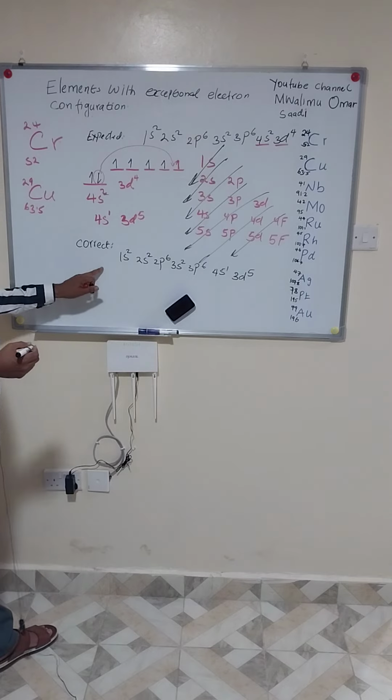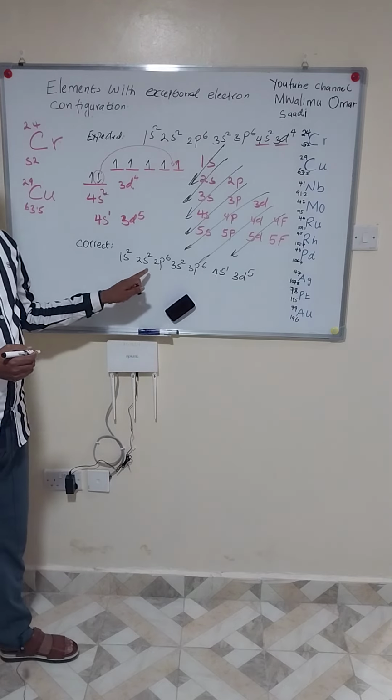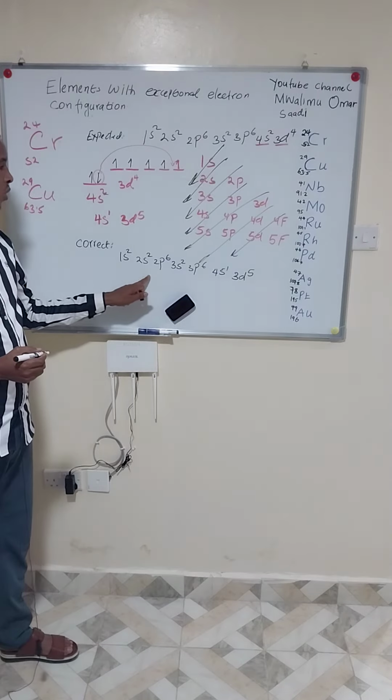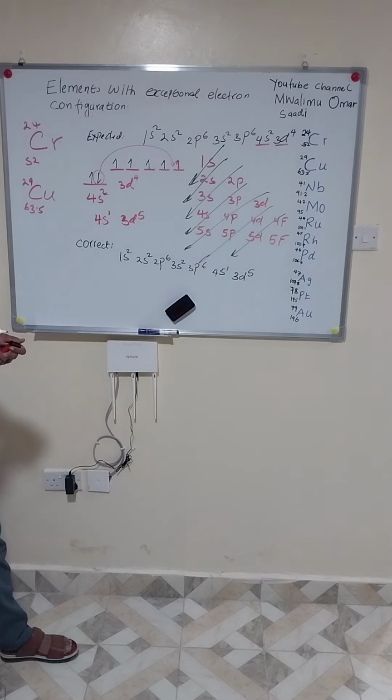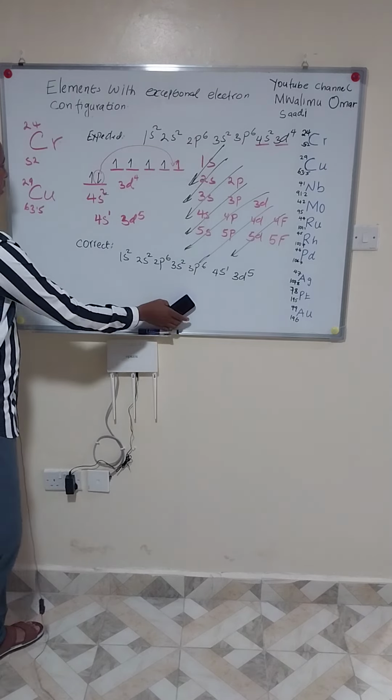So this is the correct way of writing the electron configuration of chromium. I think that one is clear. So let us go to the next one, that is copper.